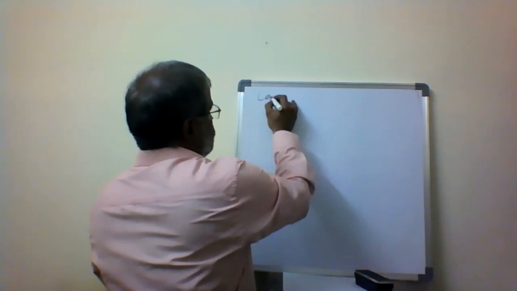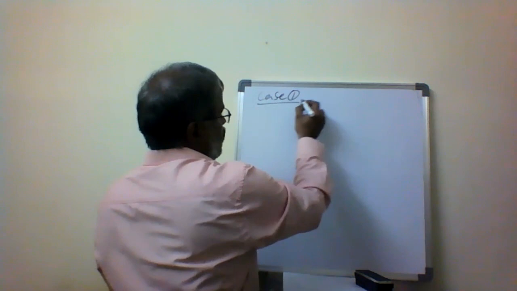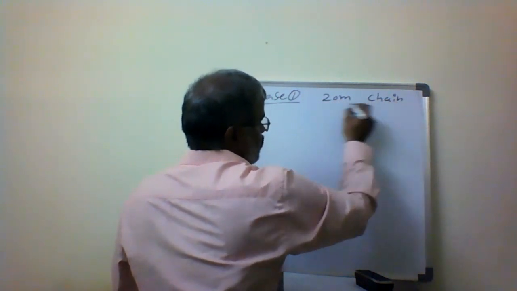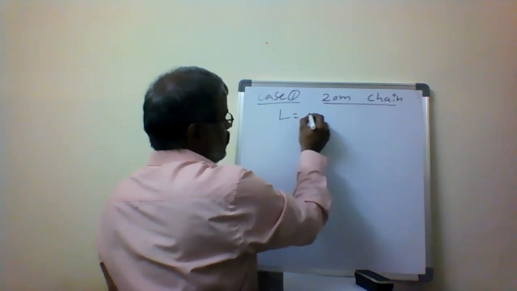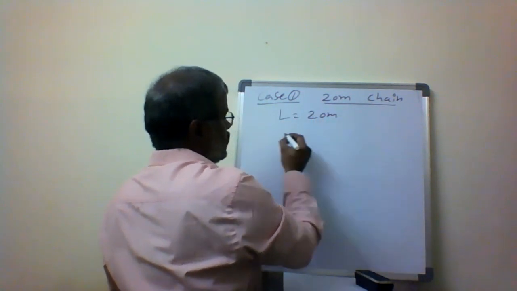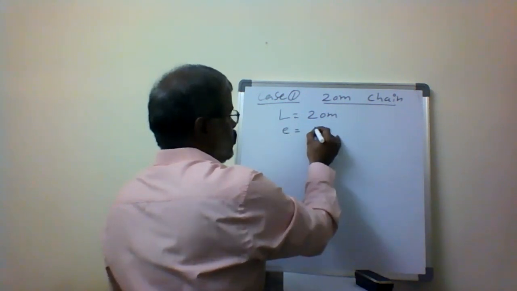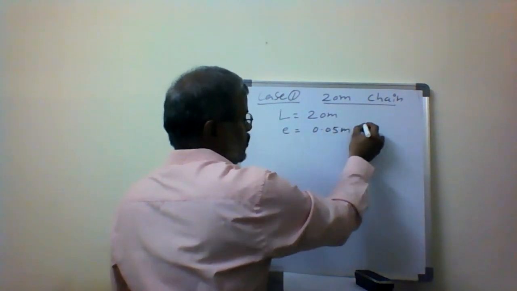So case 1, the 20-meter chain. L equals 20 meters, and the error is given as 0.05 meters.